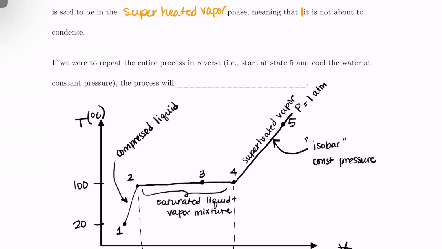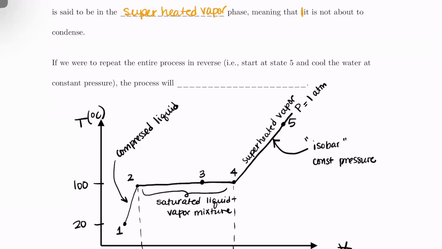The other thing that is worth noting here is that if we did this entire process in reverse, the curve stays the same. We will follow the same path. We will just be moving from state 5 to state 1. Okay, but everything else stays the same. All the names are the same, the process is the same.